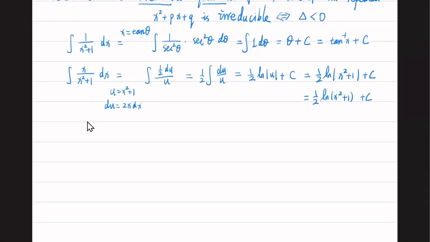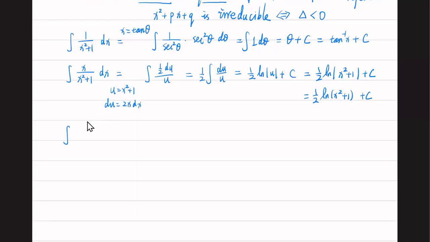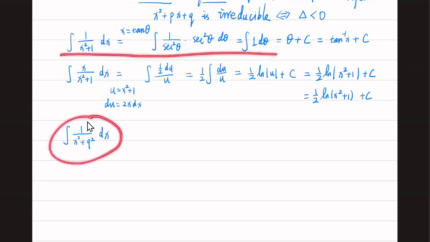Okay, the simple case, slightly more general. Instead of 1, we have q squared, where q is a positive number. Let's see how we could integrate this with the knowledge over there.